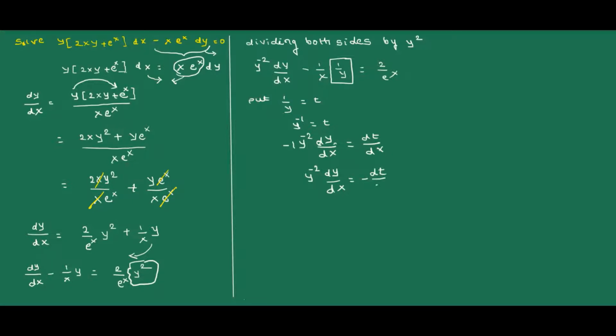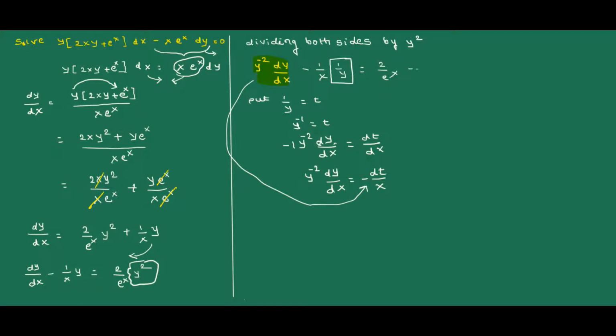If you substitute in the above equation, the first term is y raised to minus 2 into dy by dx, and we can write this value as minus dt by dx.